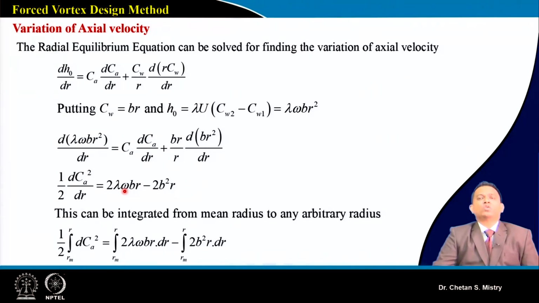Now in order to calculate the variation of axial velocity, we do the integration from a known location, Rm, to any radius r. So we can write this equation in integral form.